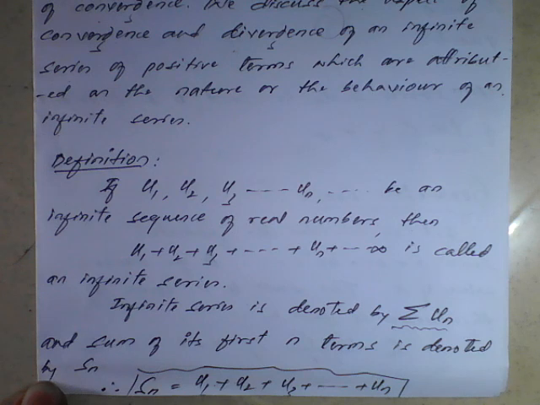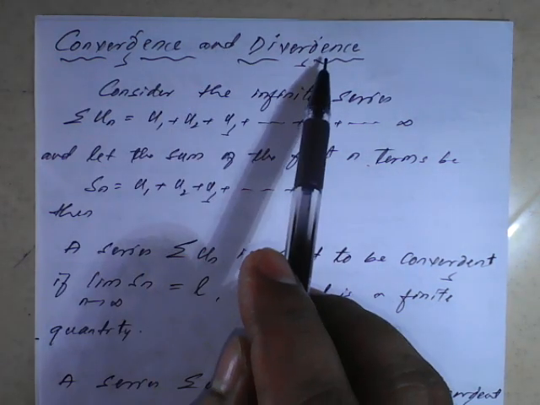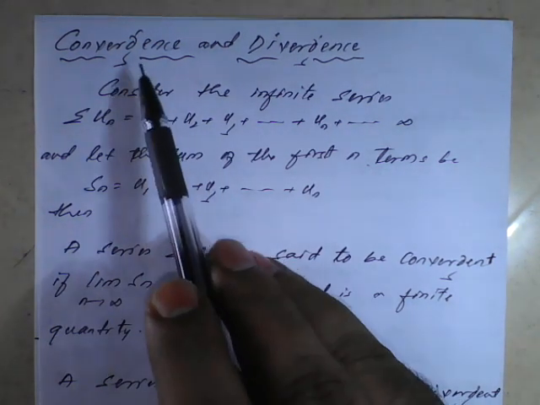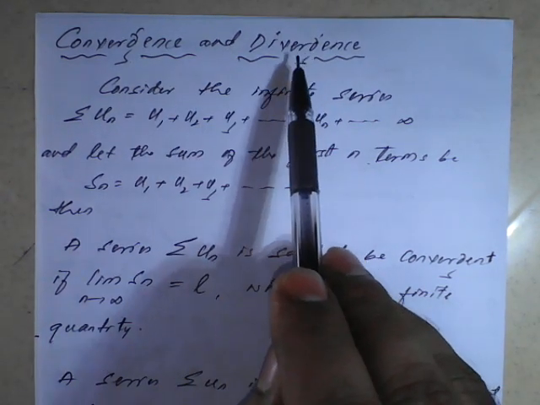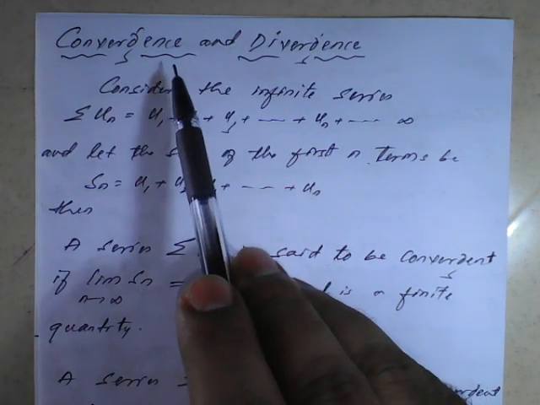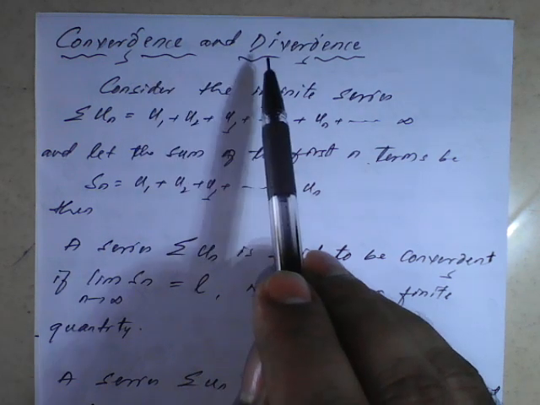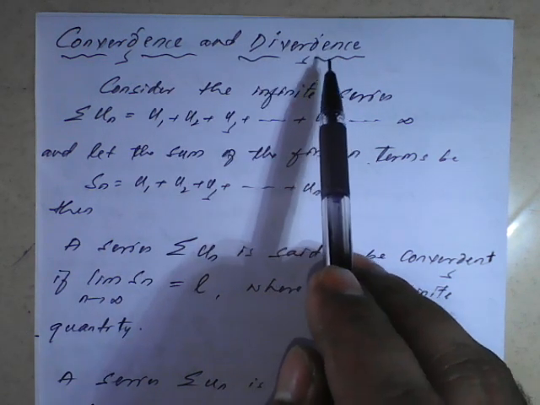Now we'll see the important concepts here. Those concepts are convergence and divergence. So here we'll see when the given infinite series is going to become convergent, or when it is going to be divergent.